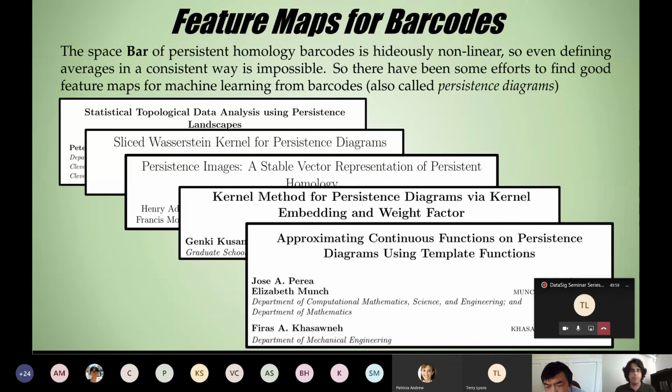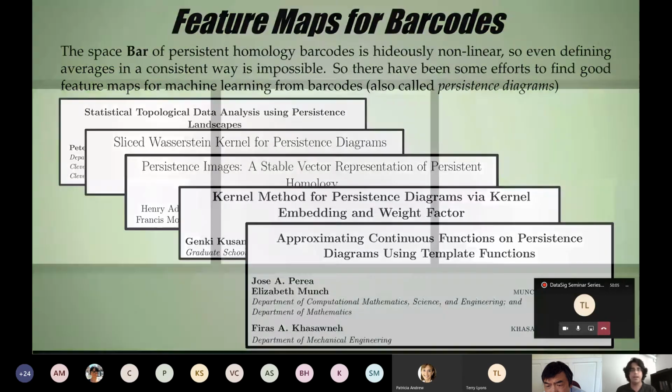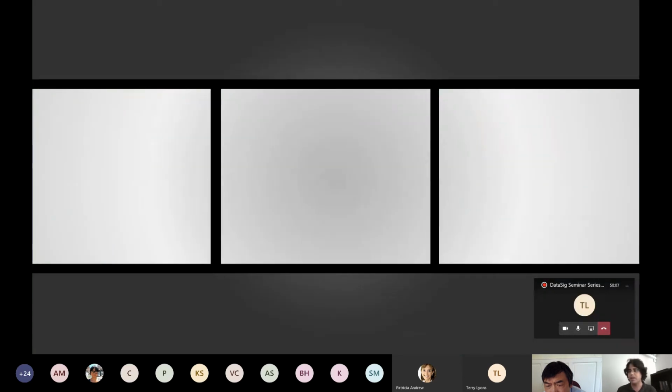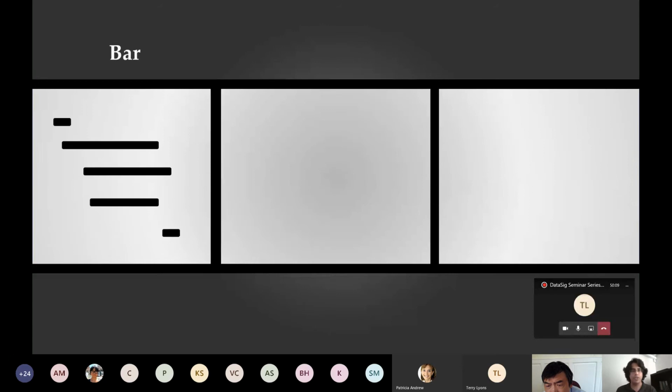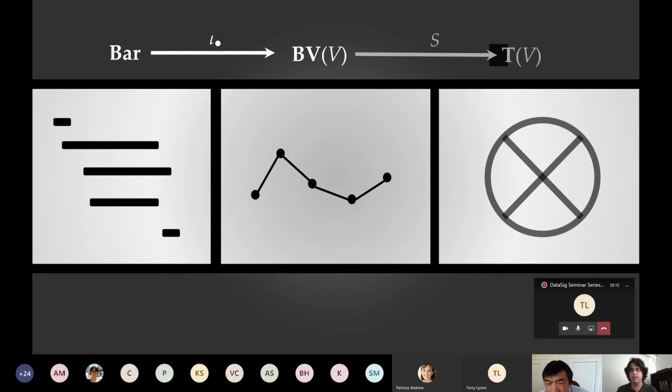So this is where things were a couple of years ago. And then I had some interesting conversations with Harald and Ilya, and Harald suggested the following pipeline: you have a barcode, let's encode it somehow as a bounded variation path, and then apply the signature.